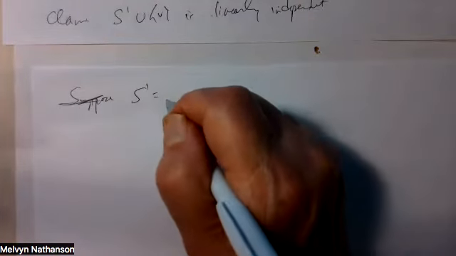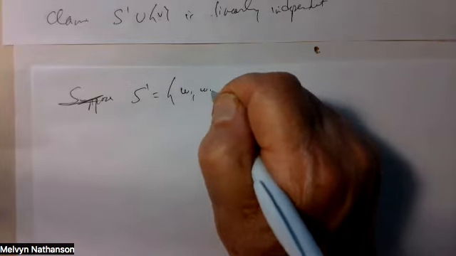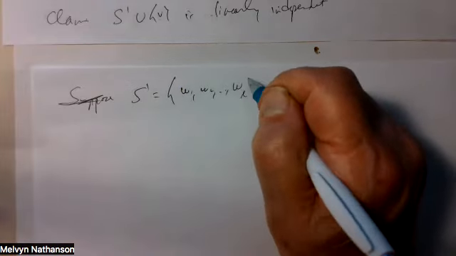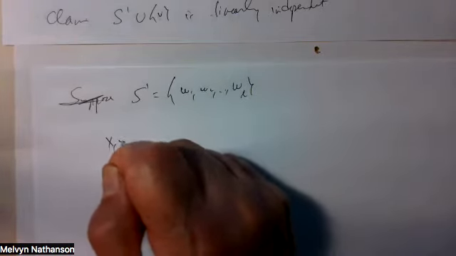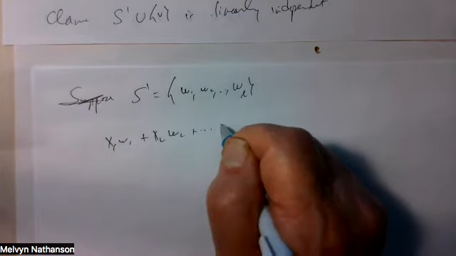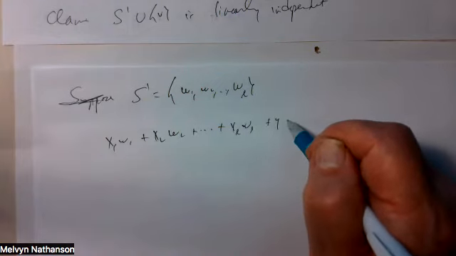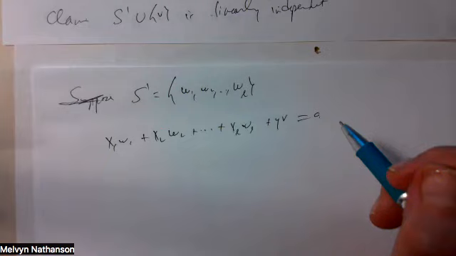So let's say S prime consists of the vectors, say W1, W2, up to W sub L. And we have some linear combination, X1 W1, X2 W2, up to XL WL, plus let's say Y times V equals 0.